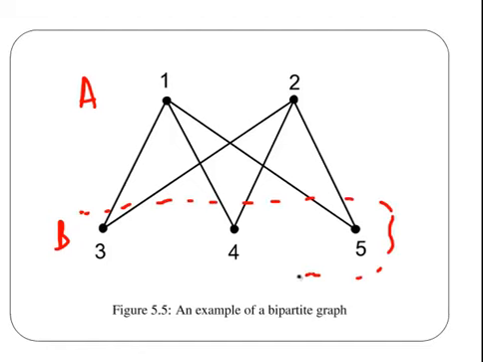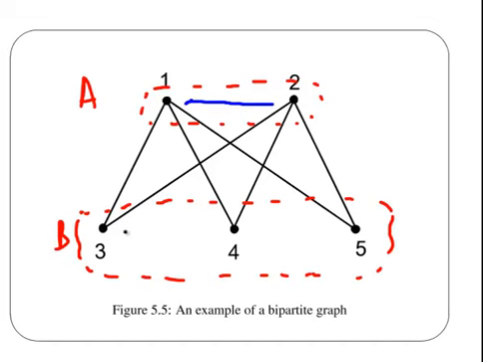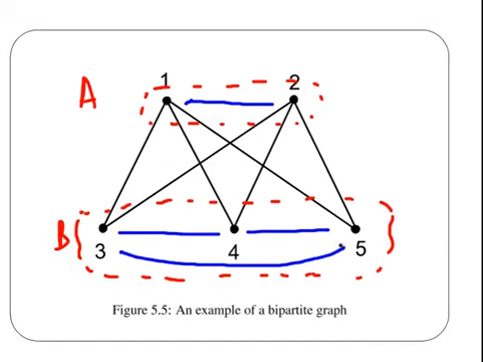And in group A, the vertices are connected to each vertex in group B and vice versa. But they're not connected to each other. For example, something that is missing is an edge from there to there, and an edge from there to there, and something like that. Okay, it's not a complete graph.